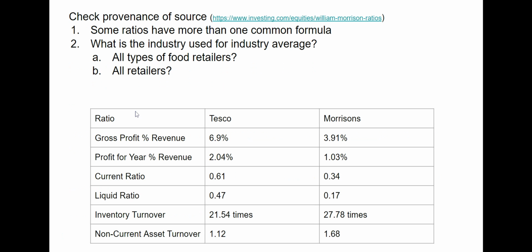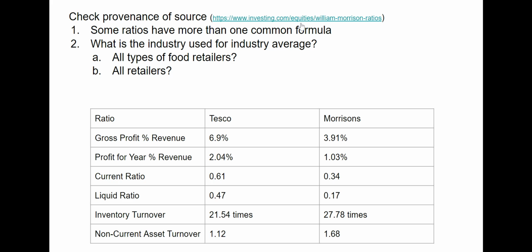Now, look at those ratios. I know because I'm a small investor in Tesco's. I bought some shares this year because I thought they were going to be doing better. And there was clearly a large difference between Tesco and somewhere it looked inefficient compared to the industry average. So one of the things that you do need to do is check the provenance or the accuracy of the source.